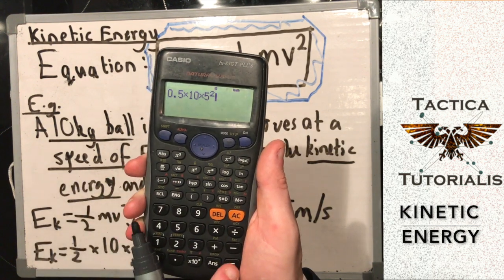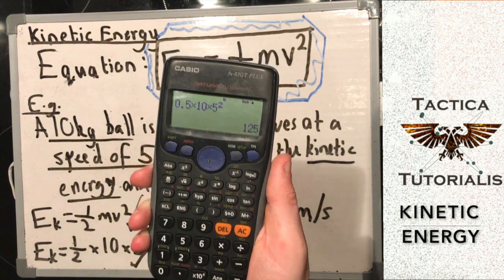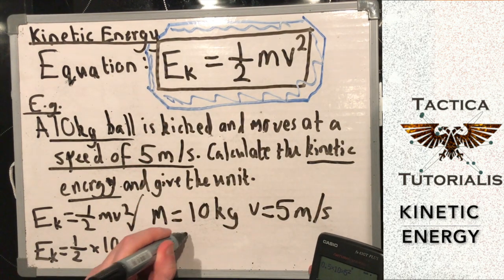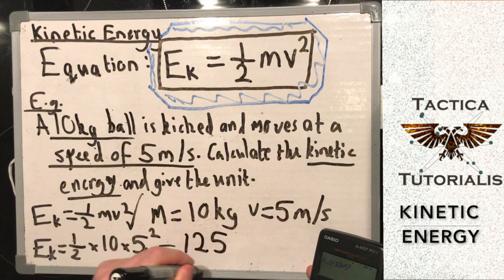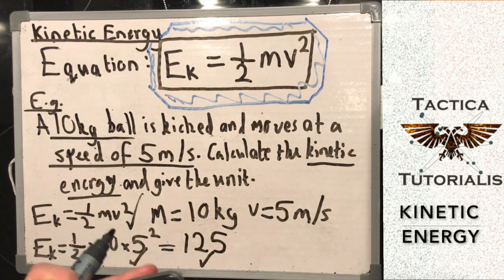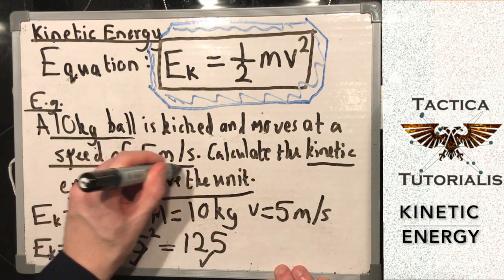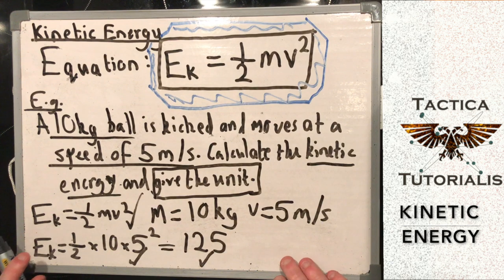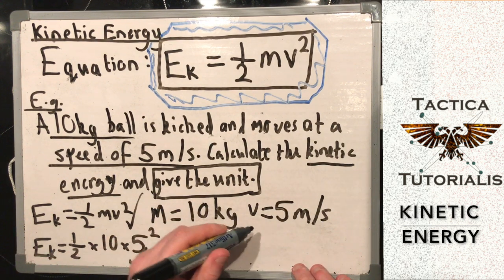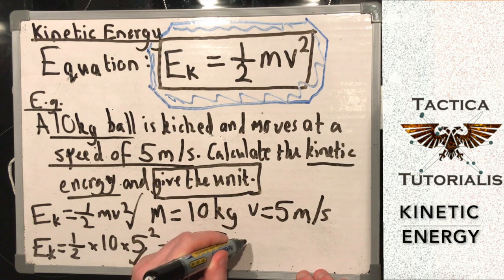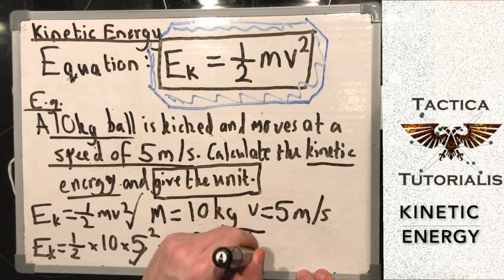Hit that, get a squared, press equals, 125, point. But I haven't got all the points yet because it's asked me to give the unit. Got to make sure to read the question carefully. If it says give the unit, I need to give the unit. And the unit, as we said, this is an energy, is joules.